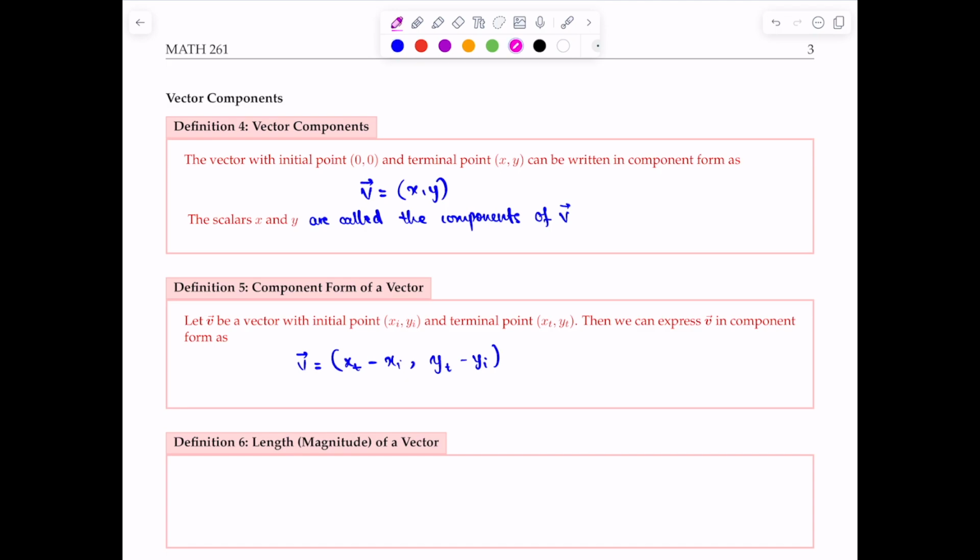So therefore, if you go back to this definition, v is equal to x, y, even though you have the initial point 0, 0. The idea is that you do x minus 0, y minus 0. So eventually you get v equal to x, y, which is a vector with the initial point 0, 0 and the terminal point x, y. And this vector v is sometimes called the position vector.